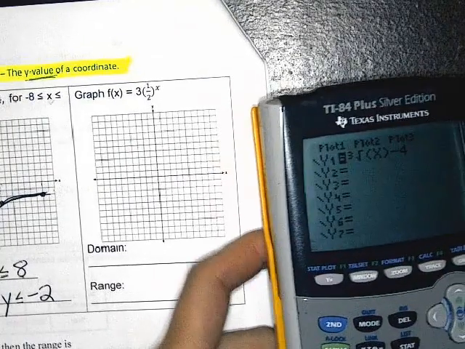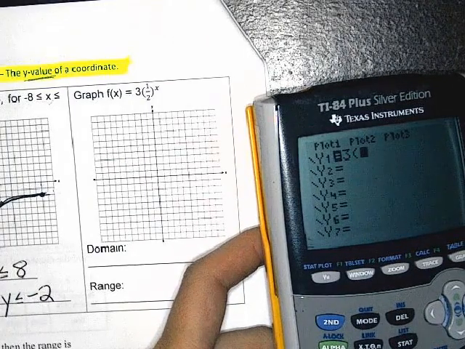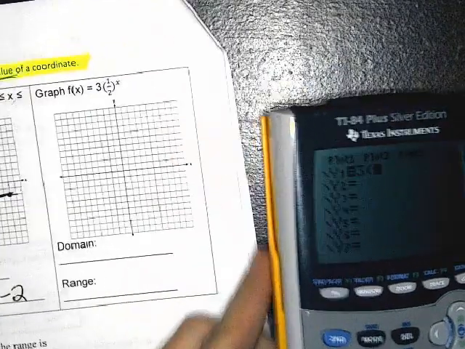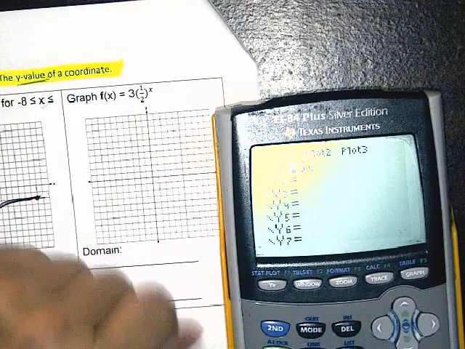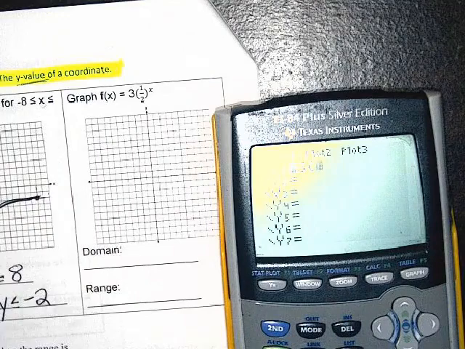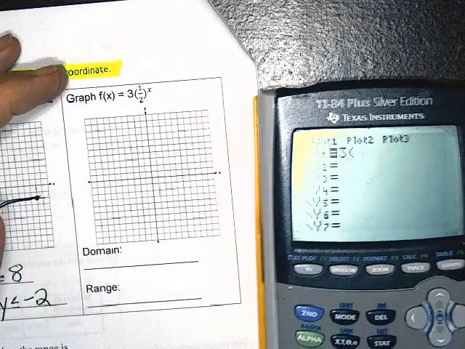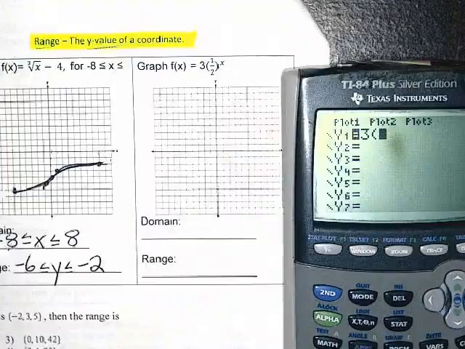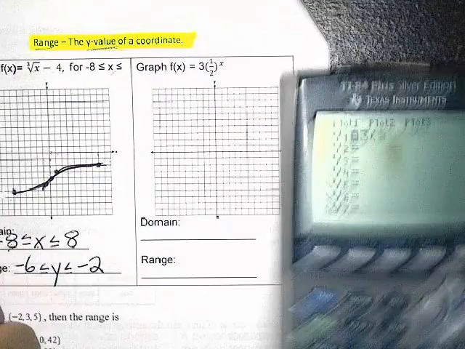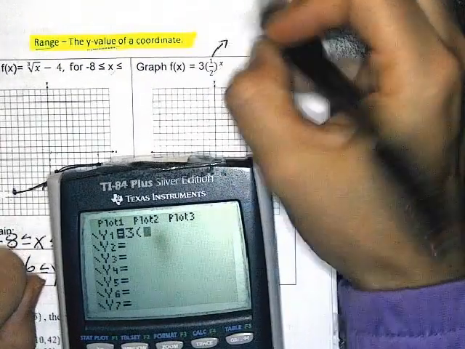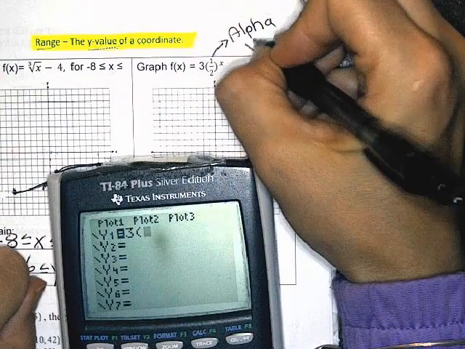Okay, so I'm going to go here, and I'm going to type this in, 3, parentheses. Anybody remember how to get a fraction in your calculator? Math. Nope. Well, you can use division, yes. But how do you get a true fraction? To get that true fraction in your calculator, you would do alpha y equals.